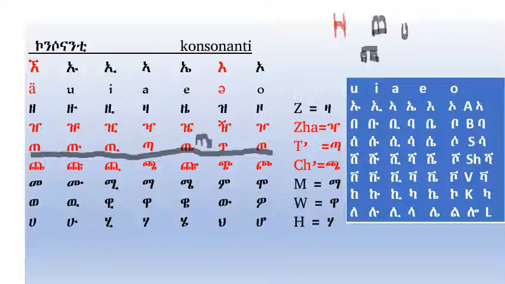This is also ha, the first letter which doesn't follow the sound. Okay, so we have two ha's in Amharic. We have many of them, but I choose only this one. Ha, who, he, ha. You can write this one or this one.